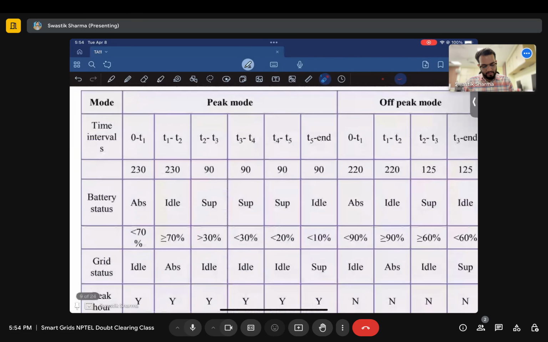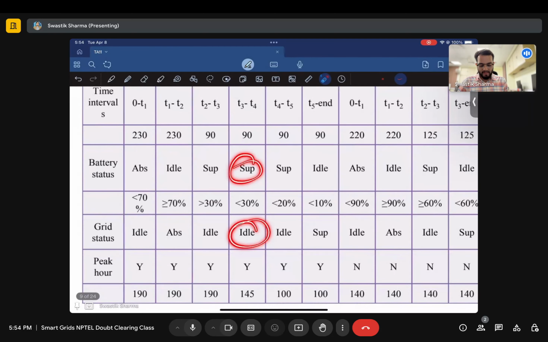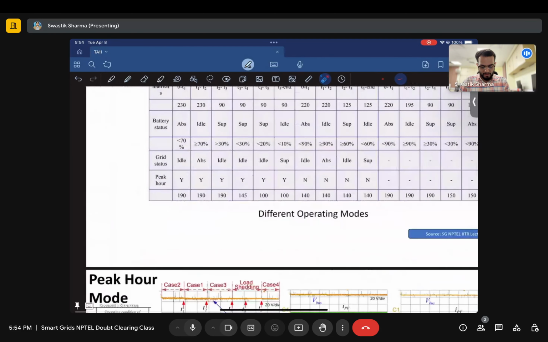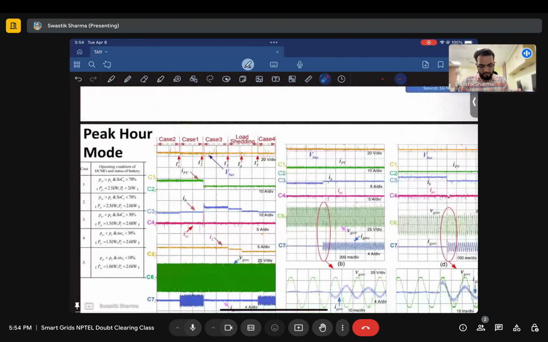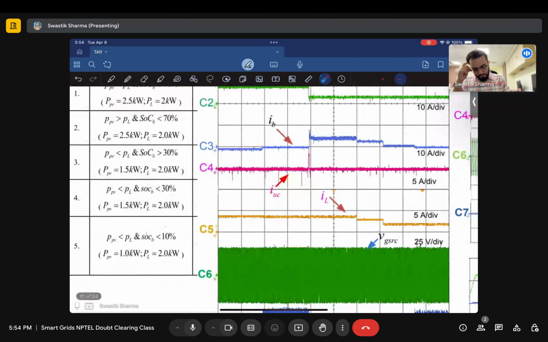Now, let's say that the battery is less than 30%. You will continue supplying. Even if it is less than 30%, it still supplies and your grid is still idle because you don't want to exchange power from the grid because it is experiencing peak power mode, right? So you move to this.